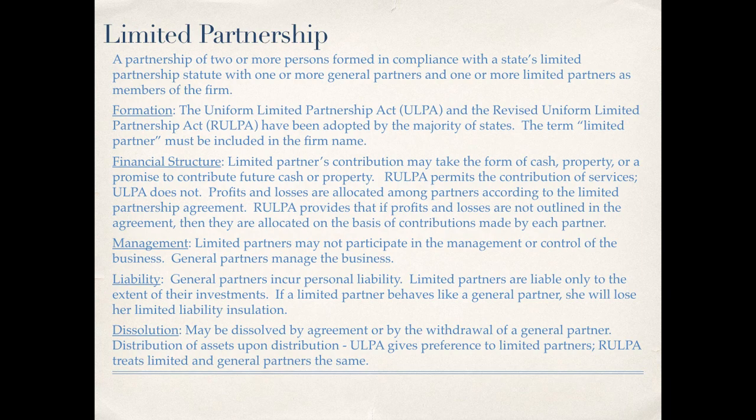So they get their 10% back first, and then whatever is left over, the general partners have to fight over. That's basically what the ULPA said. The revised Uniform Limited Partnership Act, which is the most recent one, says limited and general partners are the same. So basically, whatever we have left, in my scenario, you're going to get 60% of what's left. I'm going to get 30, and our limited partner is going to get 10.